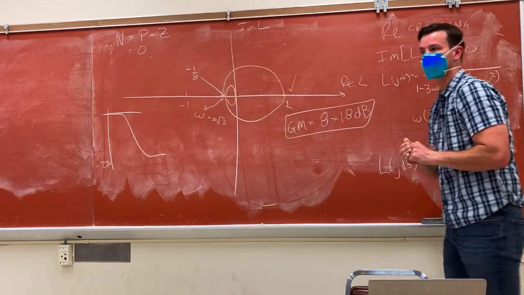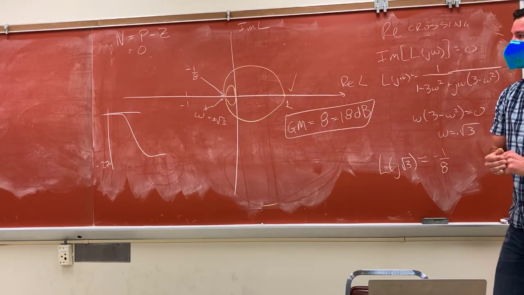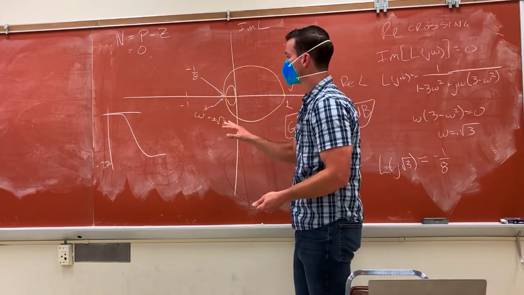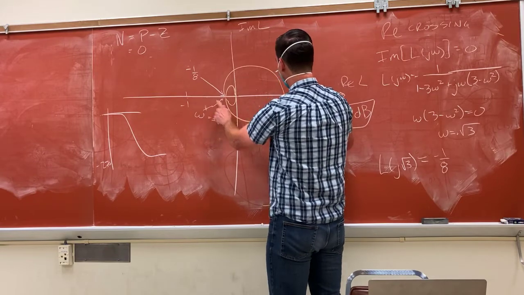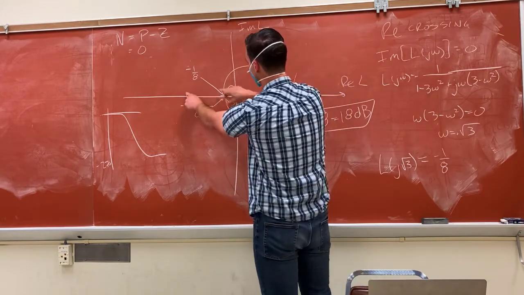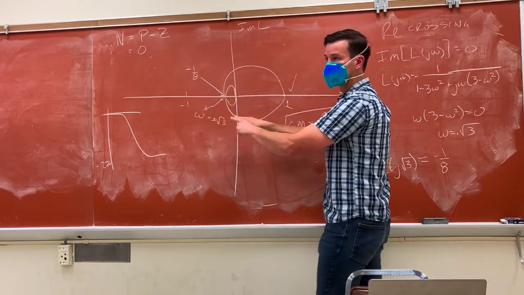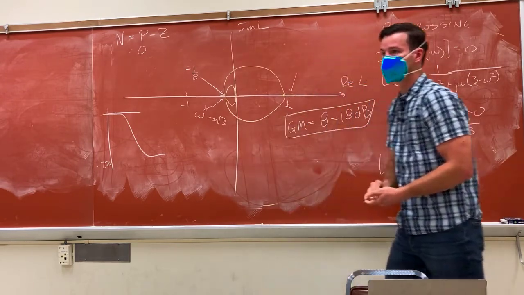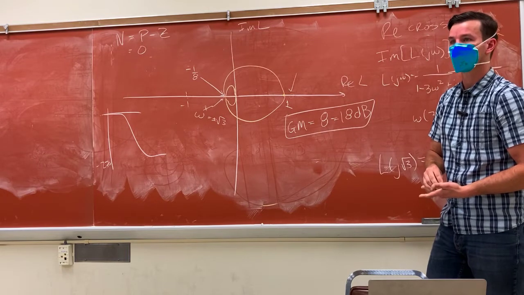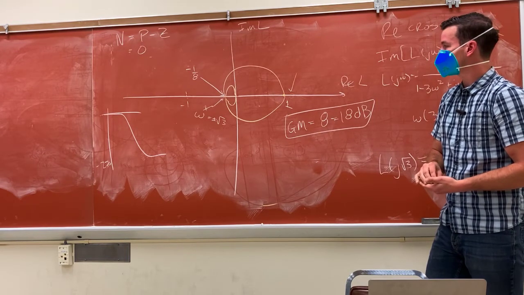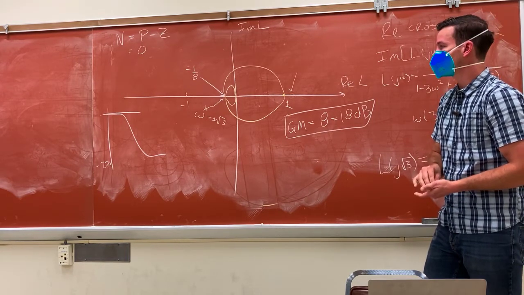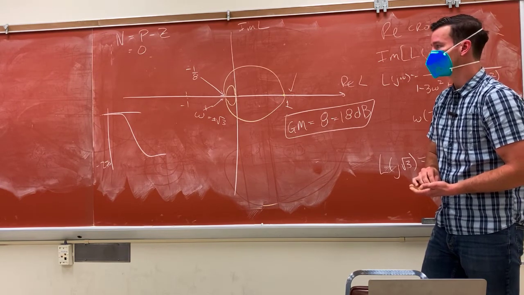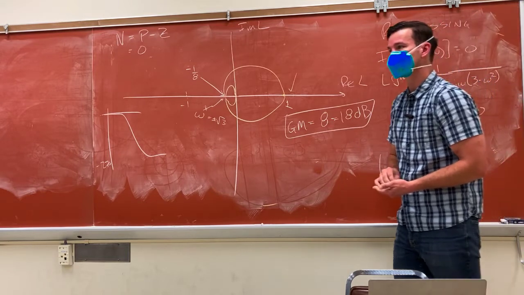But if I have some gain between, say, 1 and 8, then I'll inflate this enough that the intersection with the unit circle will cross somewhere with an angle less than 180. If the gain shrunk it, what would the phase margin be? Then it would be infinite. You could lag by an infinite amount, and you would never destabilize.